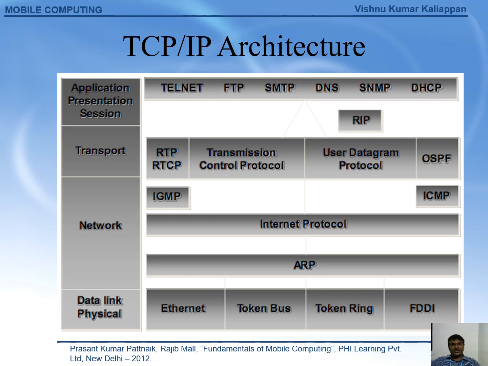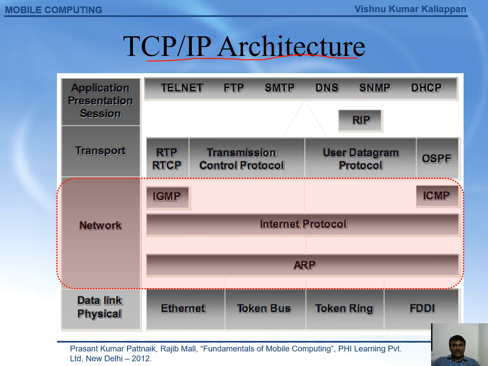In the TCP/IP architecture, we will now see the network layer. A couple of slides ago we saw the application, presentation, and session layers. We saw FTP, and in the transport layer we saw how UDP and TCP are used to transport the data.